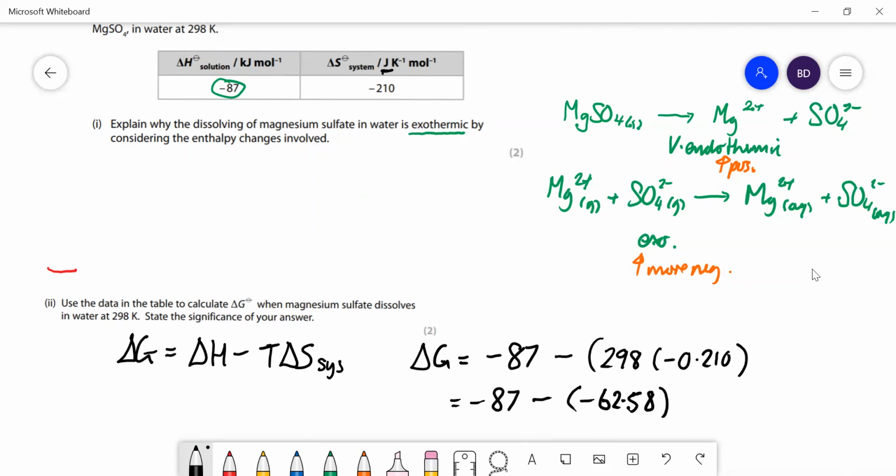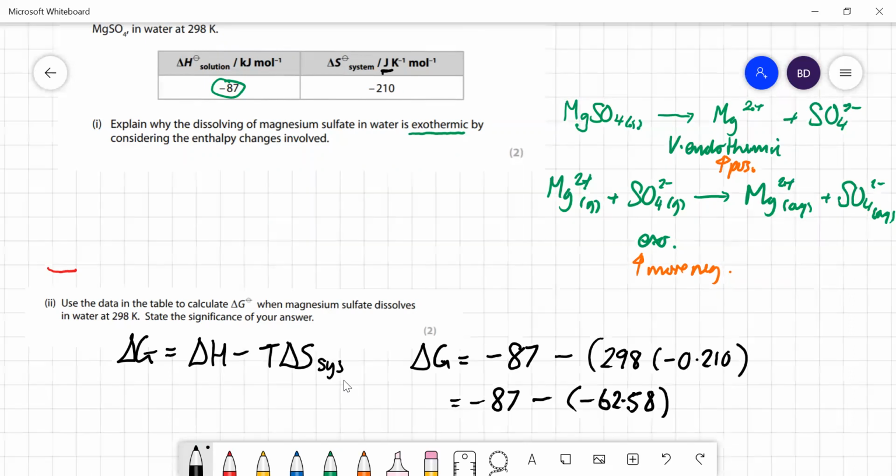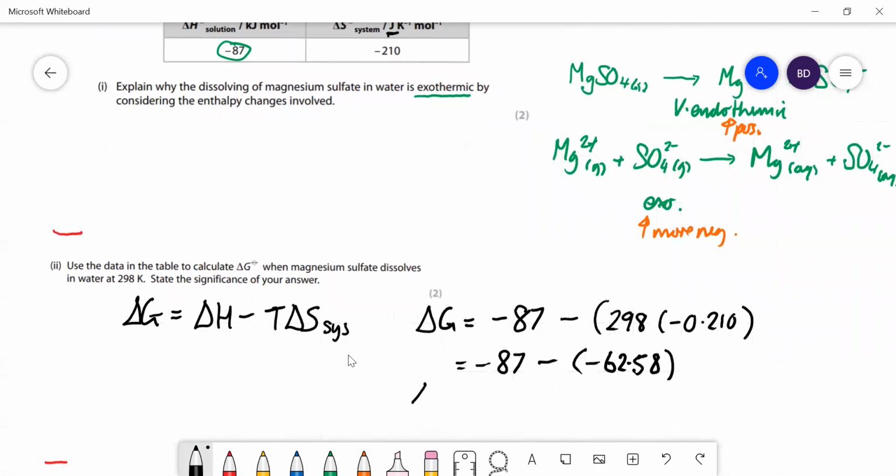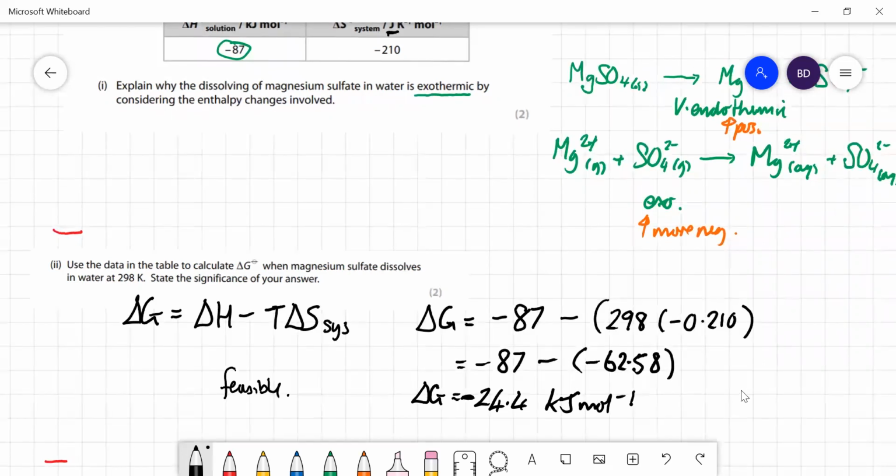So delta G is equal to minus 24.4 kilojoules per mole. That tells us, because it's negative, that the reaction is feasible. So that means magnesium sulfate should dissolve in water at 298 Kelvin.